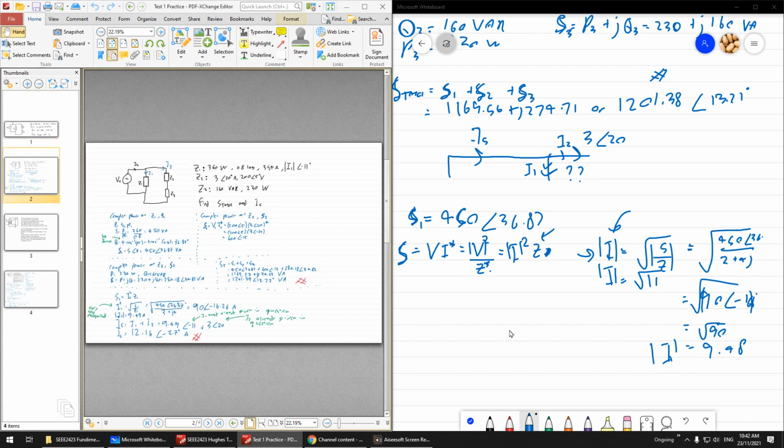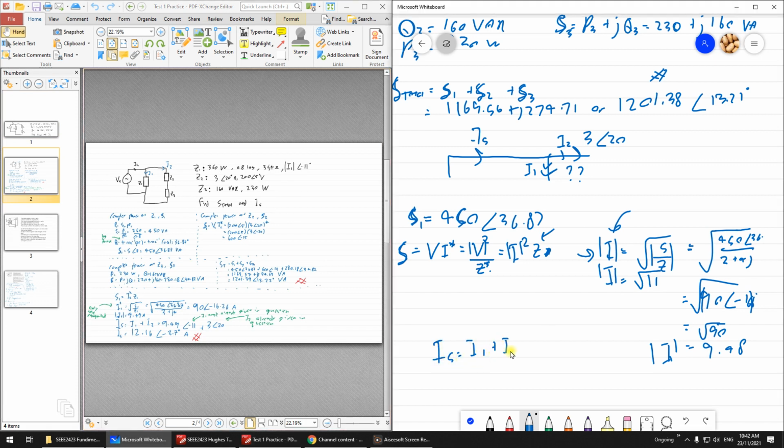Then Is is equal to I1 plus I2, so Is is equal to 9.48 angle 11, because it is already given here, plus this one, already given also, 3 angle 20 degrees. So Is is equal to this answer.